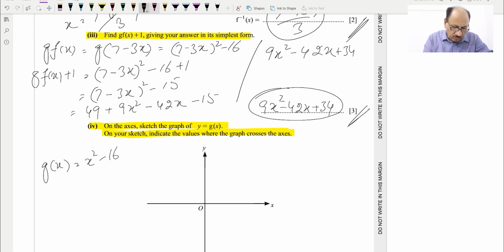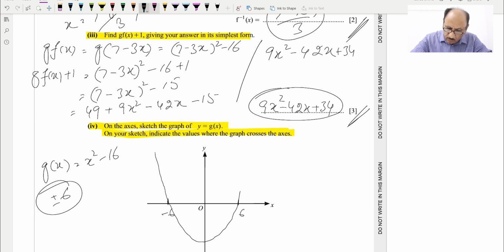We have already solved plus 6 and minus 6. We got these two values, and we can write plus 6 over here and minus 6 on this side, and the graph will be like this one, U-shaped opening upward.